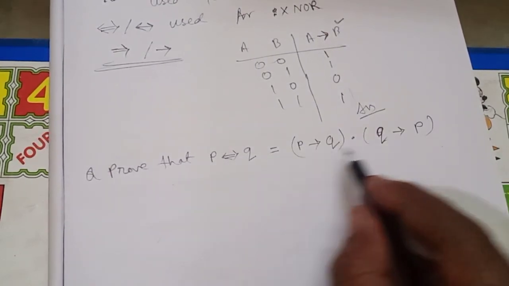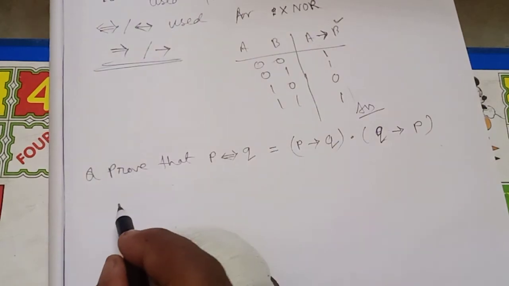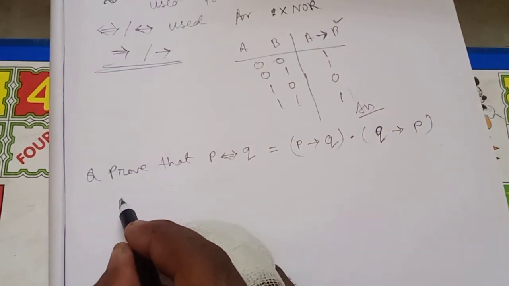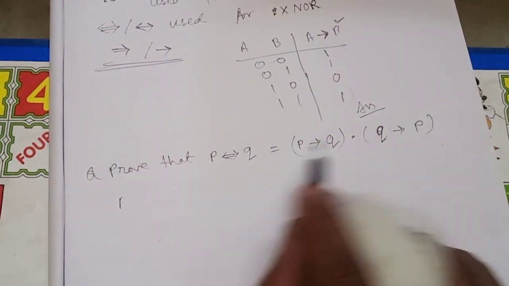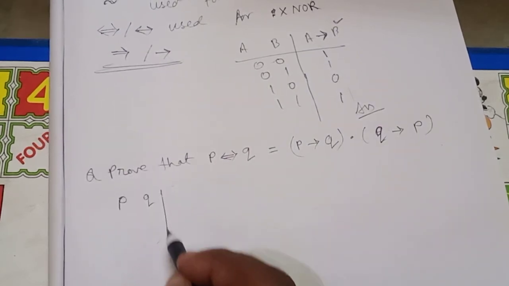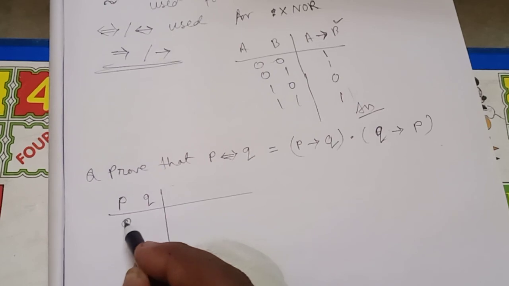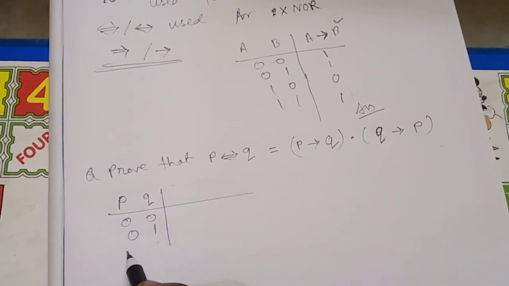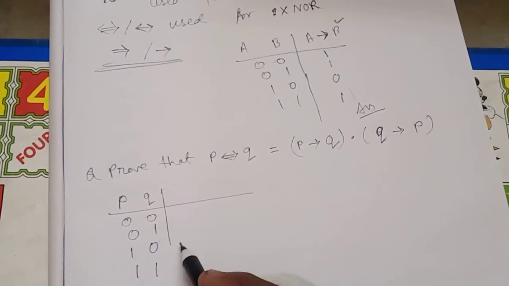So how do you solve this one? First, two values are present, P and Q, nothing else. So you write a combination of P and Q first: 0 0, 0 1, 1 0, 1 1.